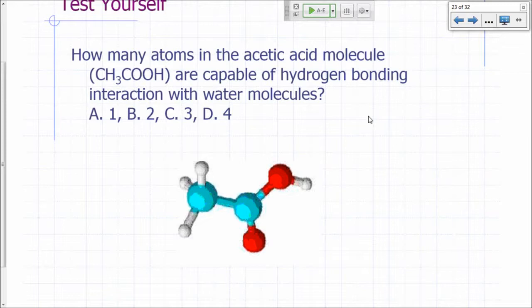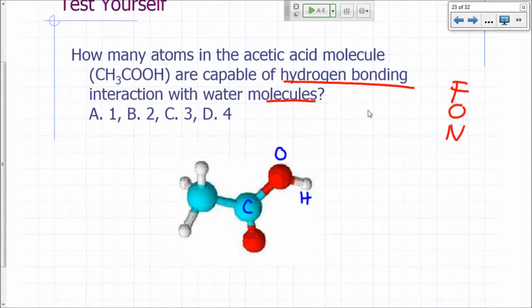How many atoms in the acetic acid molecule shown here are capable of hydrogen bonding interaction with water molecules? If there was a water molecule nearby, what type of atom is capable of hydrogen bonding interaction? A hydrogen that's attached to fluorine, oxygen, or nitrogen. Do you have any hydrogens here attached to fluorine, oxygen, or nitrogen? This one, right? This is oxygen, that's hydrogen.